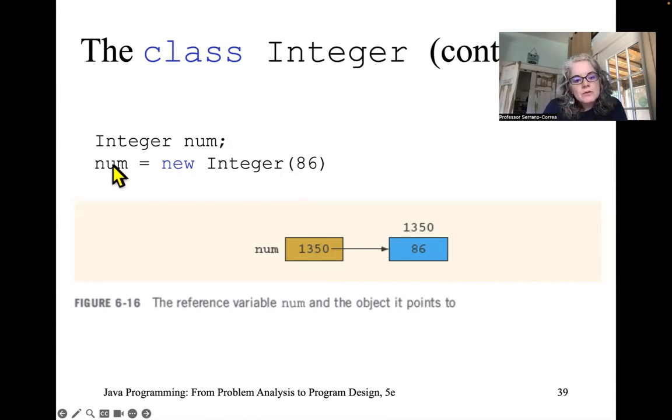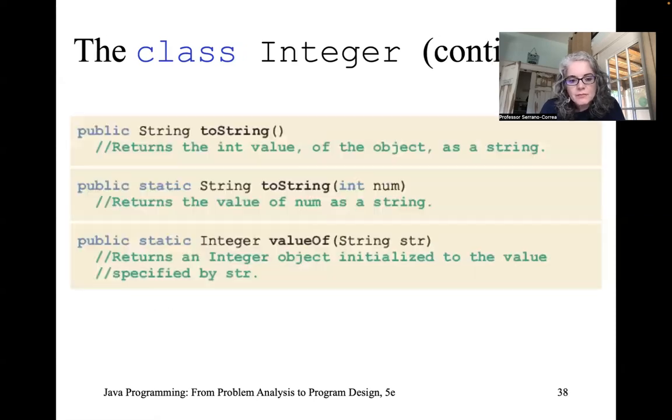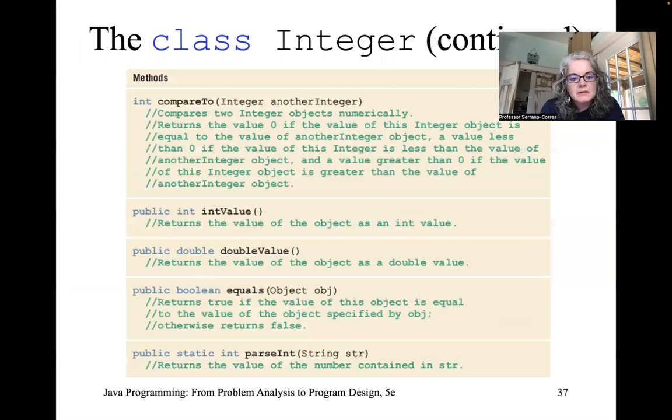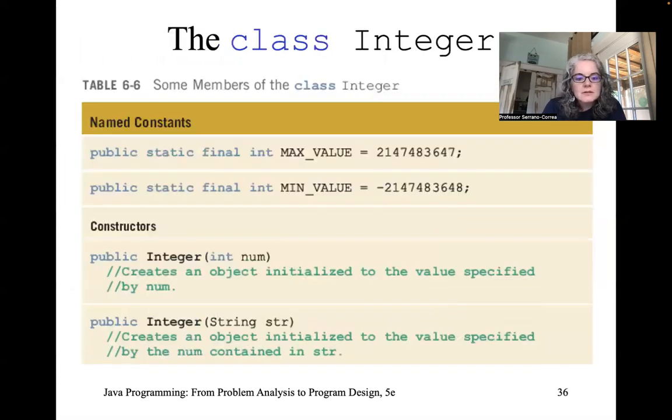So when you do this right here, somebody had to implement this. Somebody had to write the code to make this work. And the code for this, or at least the method, looks like this right here. It's this method, this constructor. This is called a constructor: public Integer(int num).